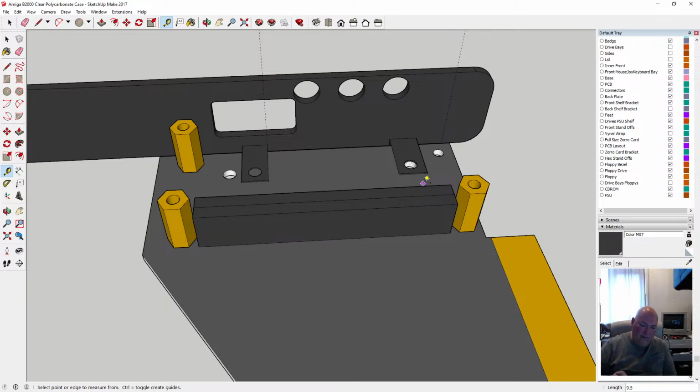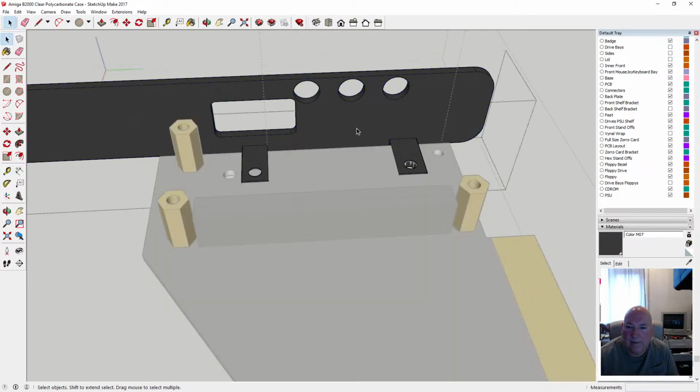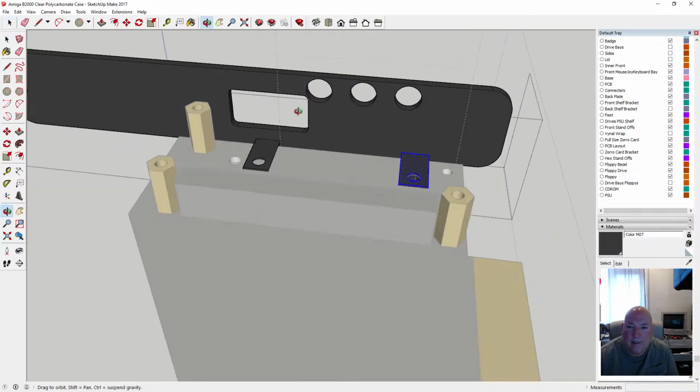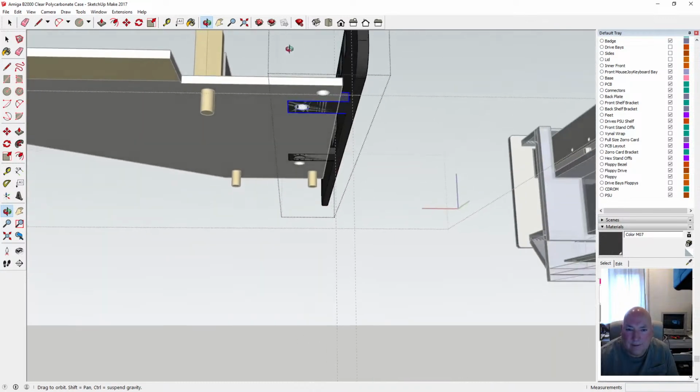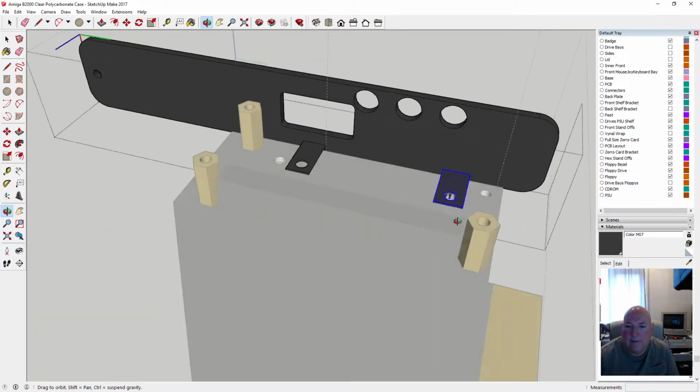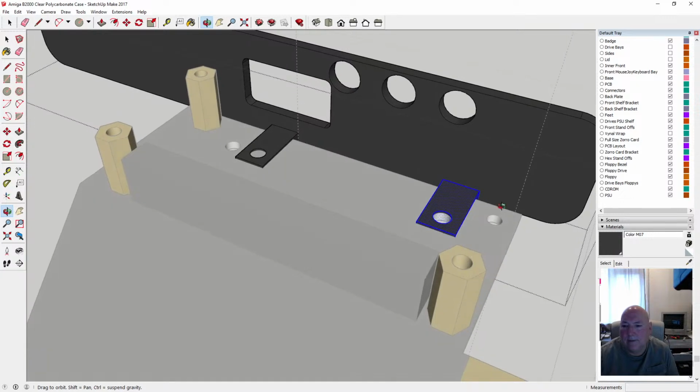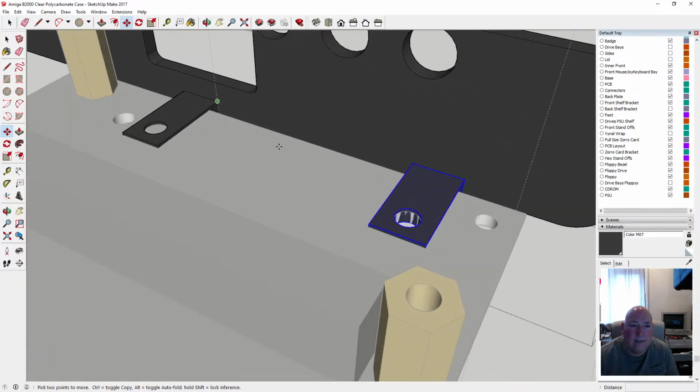Yeah, so something going on here. So 9.5 mil. Right, so that bracket needs moving. That needs moving to that line. So let's drag that over.